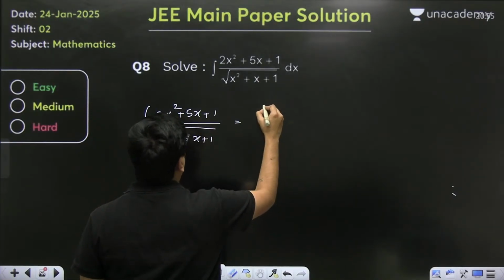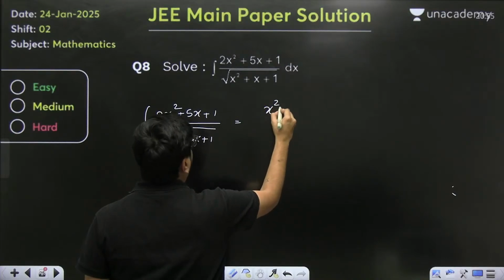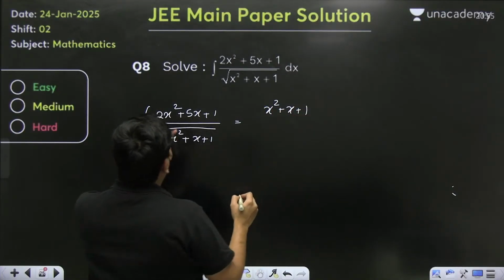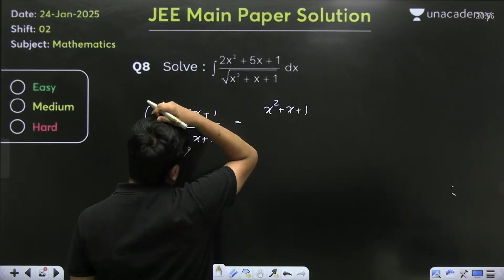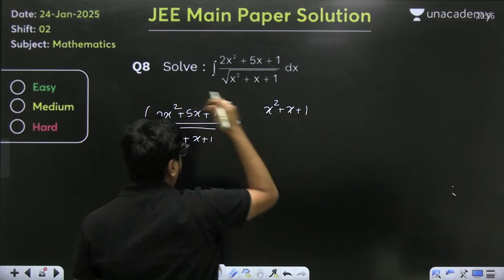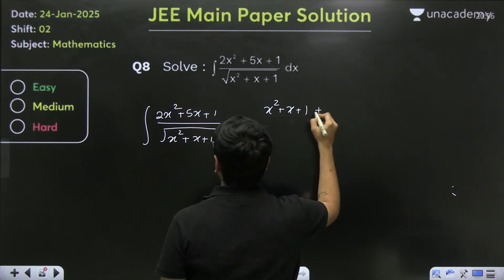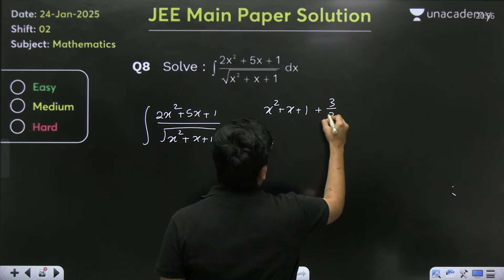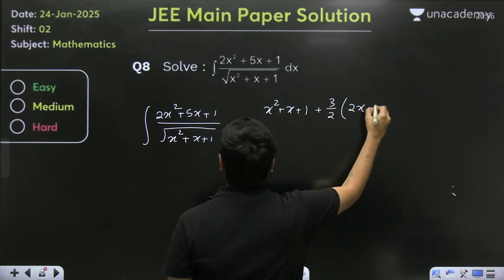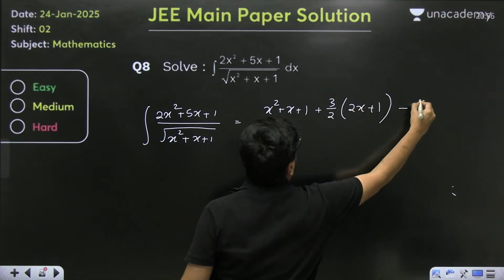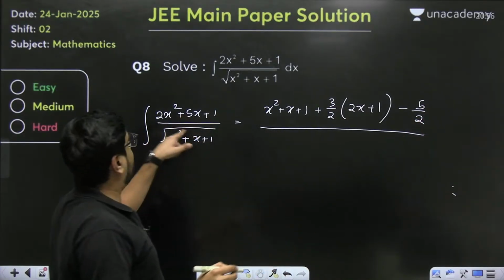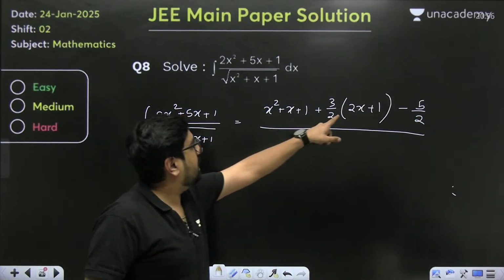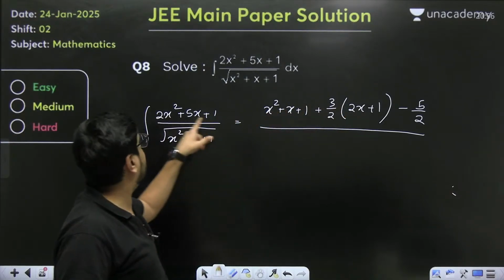In the numerator you can write x square plus x plus 1. You need 2x, right? So x square plus x plus 1 plus 3 by 2 into 2x plus 1 minus 5 by 2, right? Now compare, because you need 5 by 2 over here.